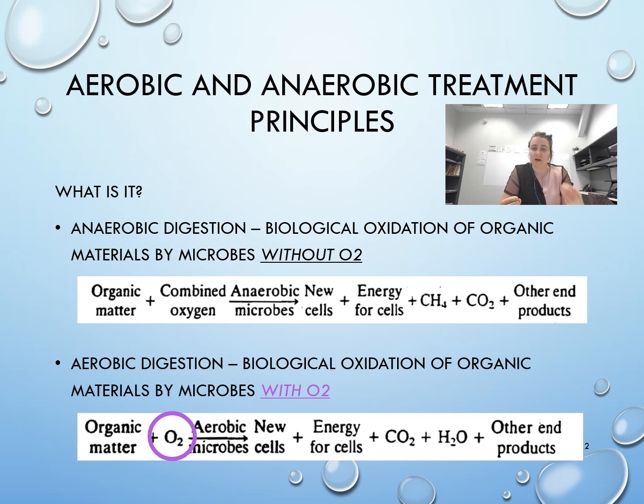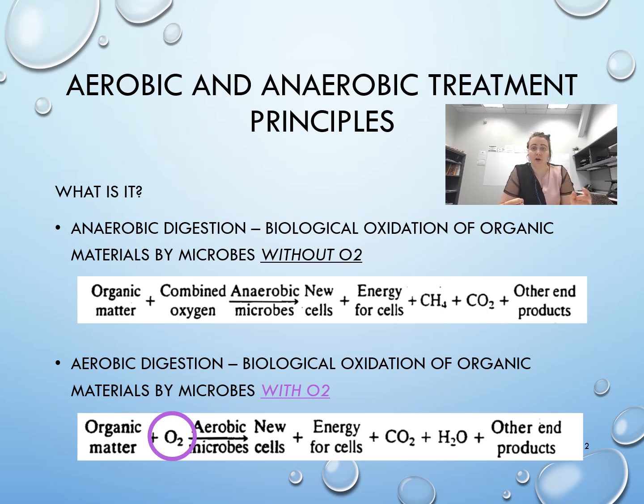So we're not using oxygen in the form of O2. And those anaerobic microbes generate new cells, energy for their cells, methane gas, CH4, CO2, carbon dioxide, and other end products. So these are organisms that don't need oxygen to produce energy and reproduce. So anaerobic means without oxygen.